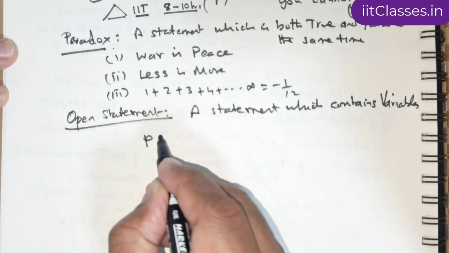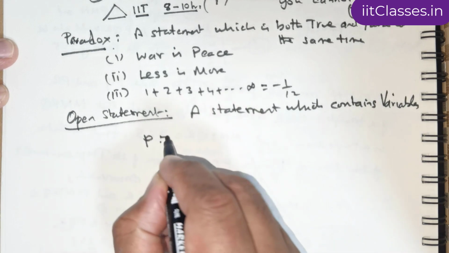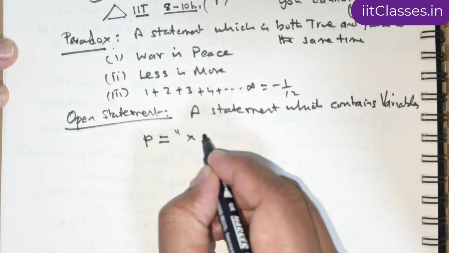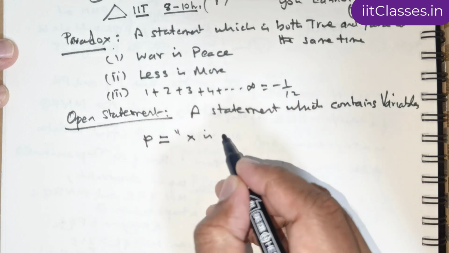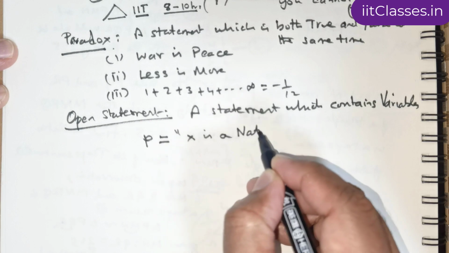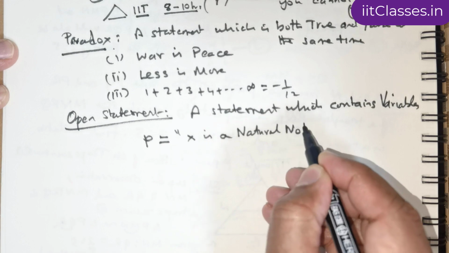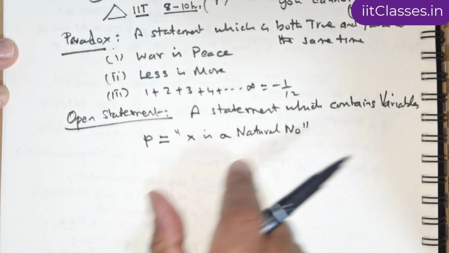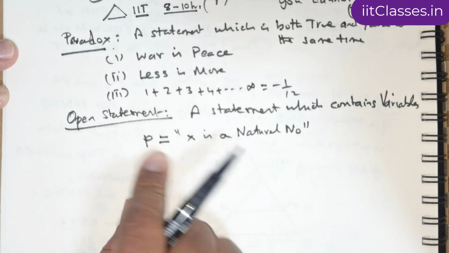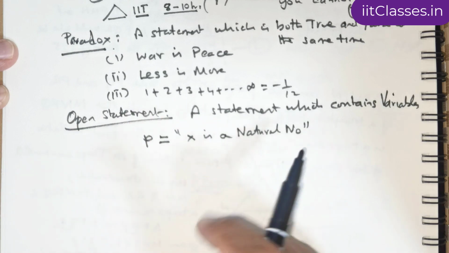Say for example p. I'm going to take p is equal to, say x is a natural number. This is the example for open statement.